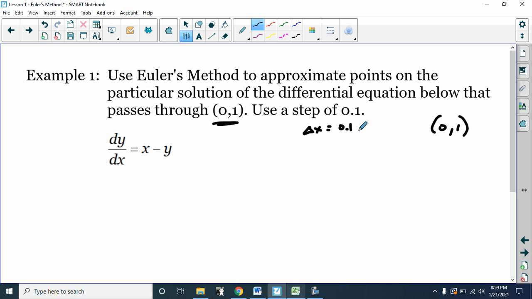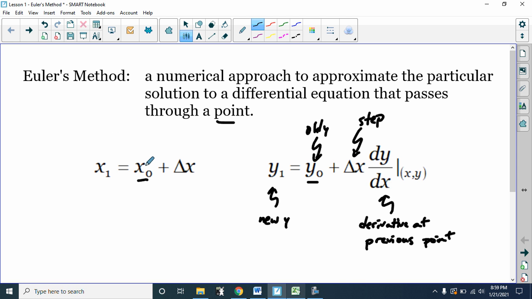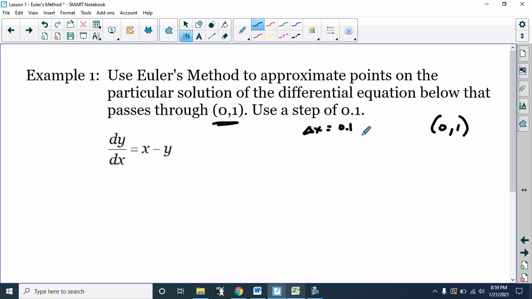So if I start my x value at 0 and add the step, this would be 0 plus 0.1. So my new x value is 0.1. To get the new y, to get y1, we take the previous y value plus the step times the derivative evaluated at the previous point.